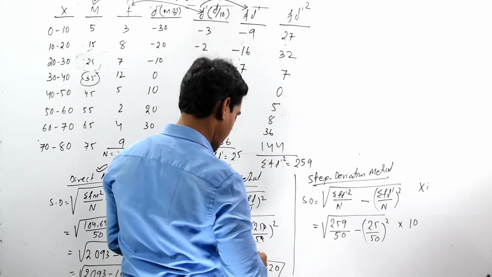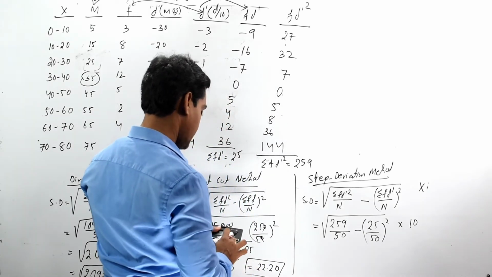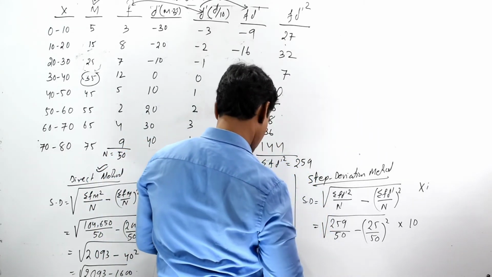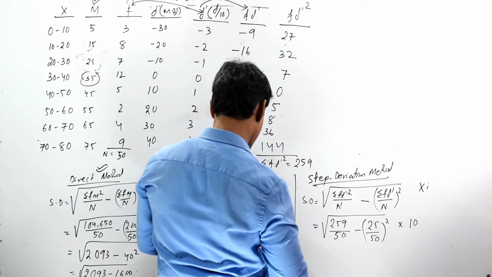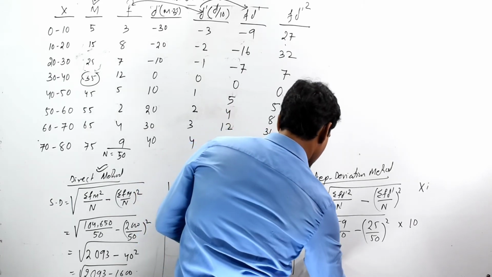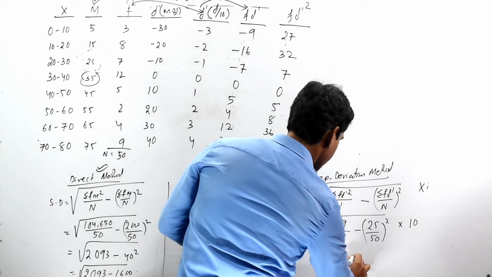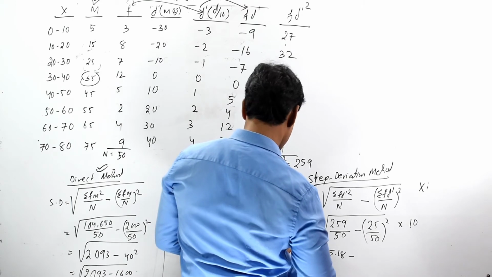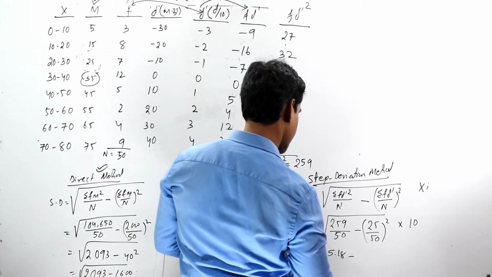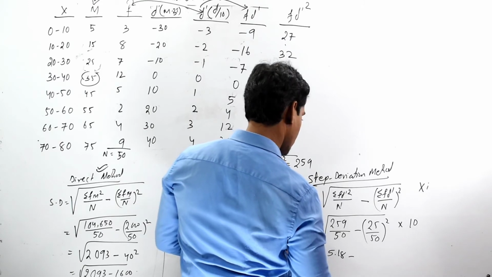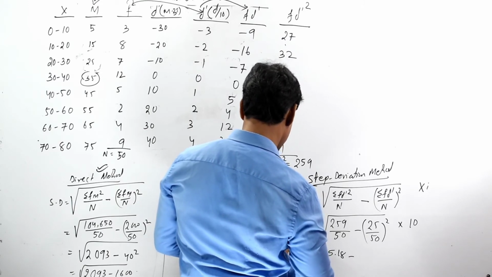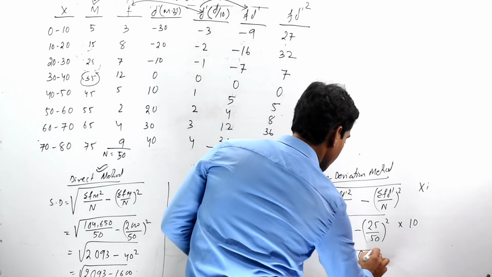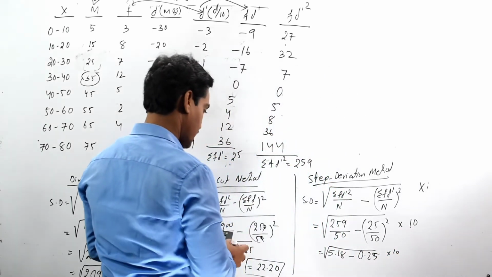So now simplifying, 259 divided by 50 equals 5.18 minus 25 by 50, that is 0.5 square, equals 0.25, whole root over into 10.